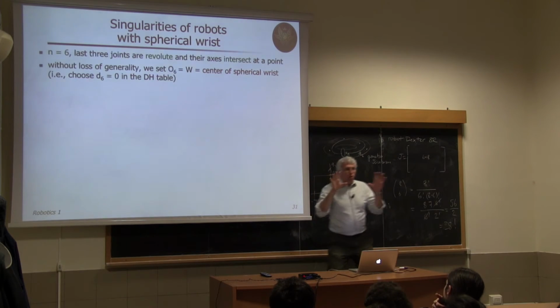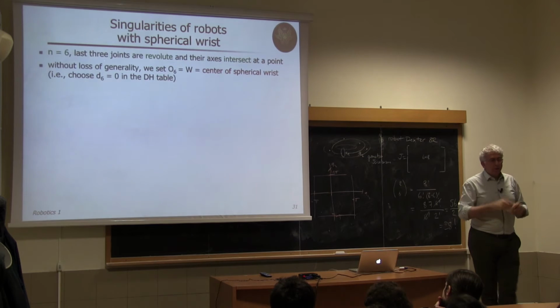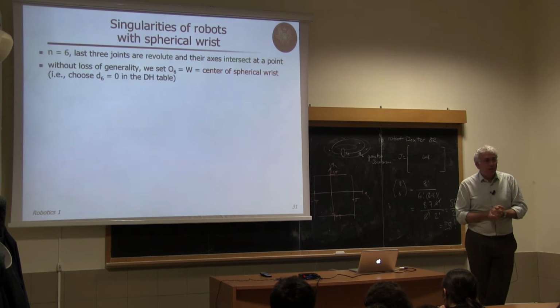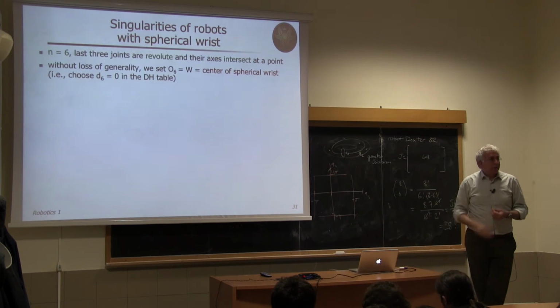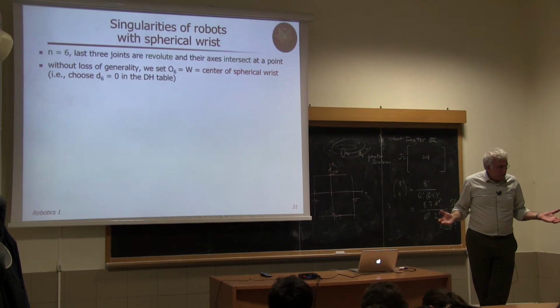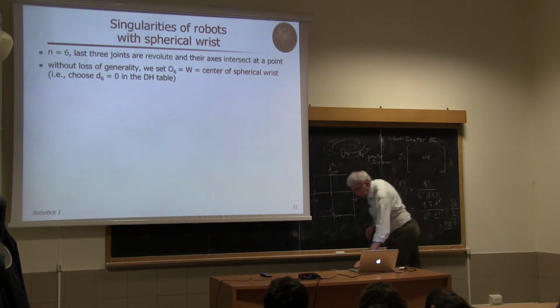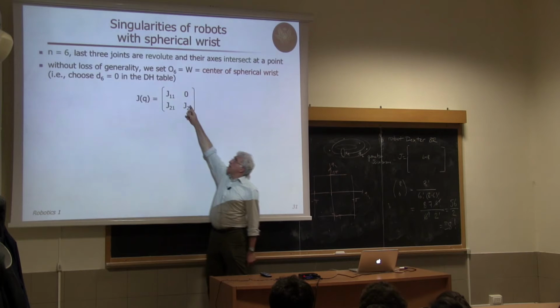Then we know already that if we give velocity to joints 4, 5, and 6, so to the joints of the spherical wrist, the velocity of the origin O6, so the velocity of the center of the wrist, will always be 0. So we can imagine that the Jacobian, for instance the geometric Jacobian, has a partitioned structure with a structural 0 here.